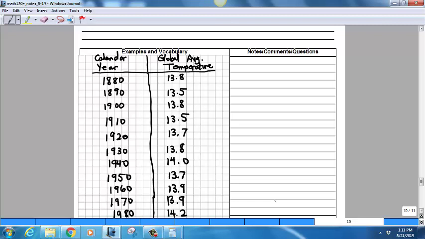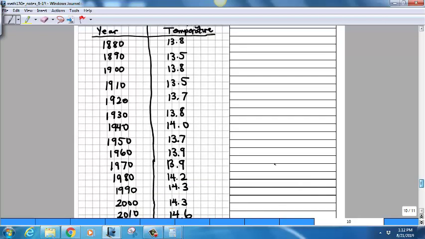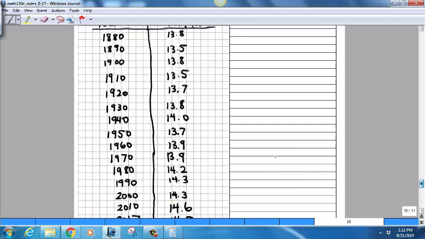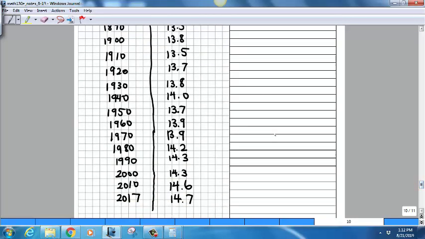The average global temperature and the year in which that average global temperature was observed. So for 1880 it was 13.8, 1890 it was 13.5, and so on and so forth. Of course, what's concerning to us and to scientists is that you can see quickly from the data what's been happening to our average global temperature.